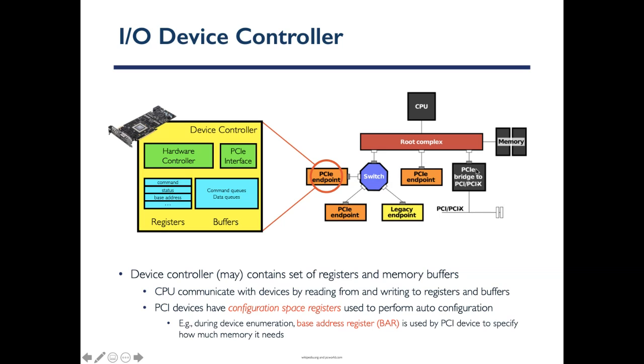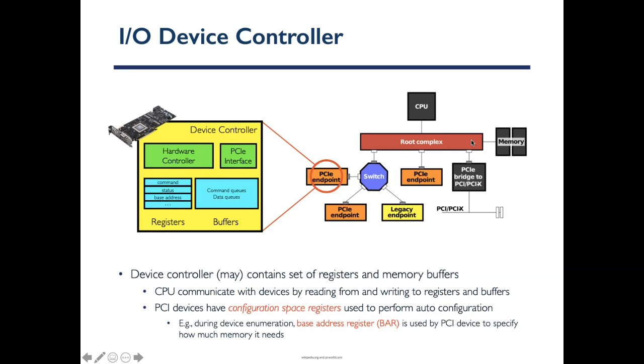So this PCIe to PCI or PCI-X endpoint or bridge acts as an interface. It will know how to communicate with the devices on PCI or PCI-X, and then it just converts those packets to what is understandable on the PCIe port.